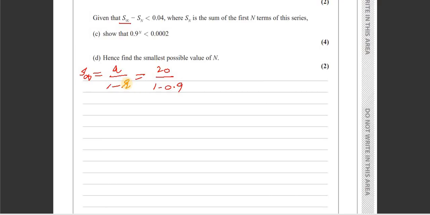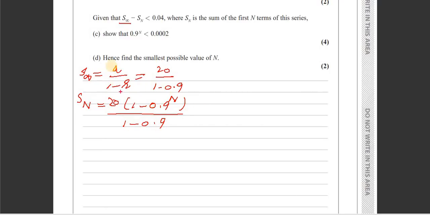This is your S infinity. And what about the sum of n terms? That means Sn. So your Sn is equal to 20(1 minus 0.9 to the power n) divided by 1 minus 0.9.